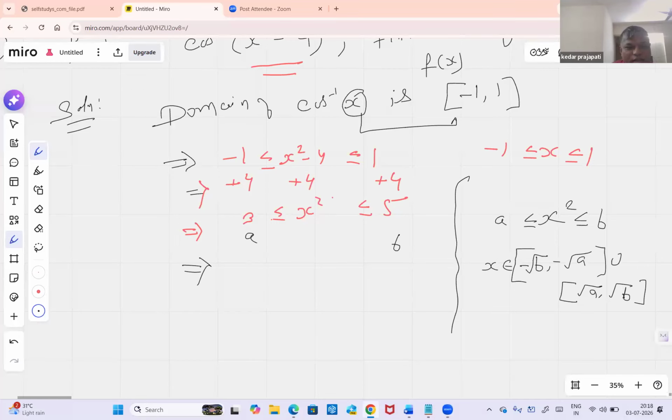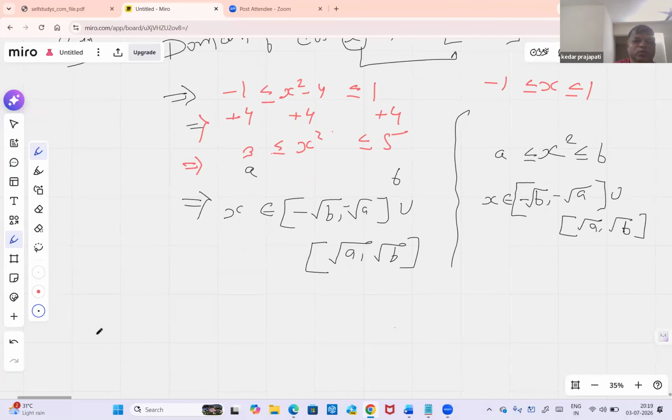So x will belong to minus root b till minus root a, I'll explain you now, union root a to root b. Okay, how? This is our answer actually. Now solve it.